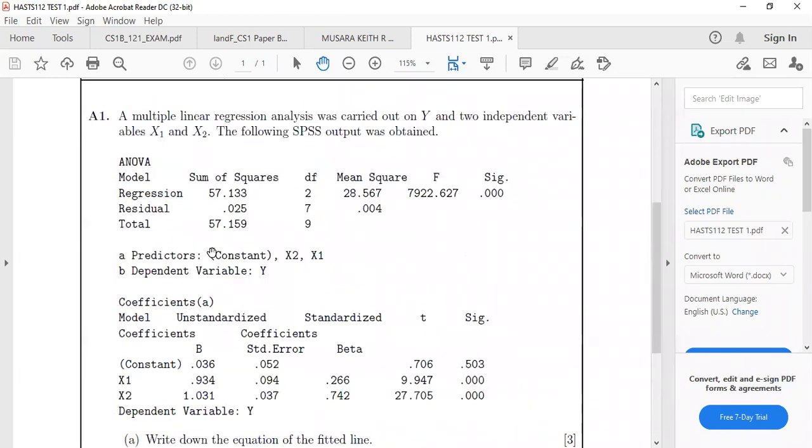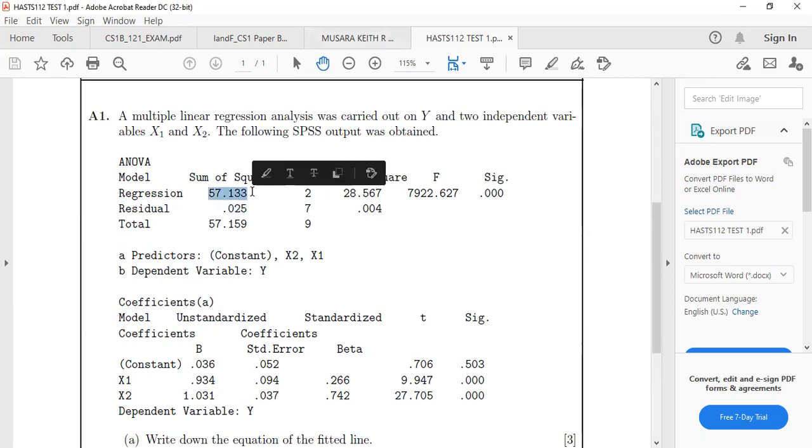So what is our SSR here? What's our SSR? 57,133.